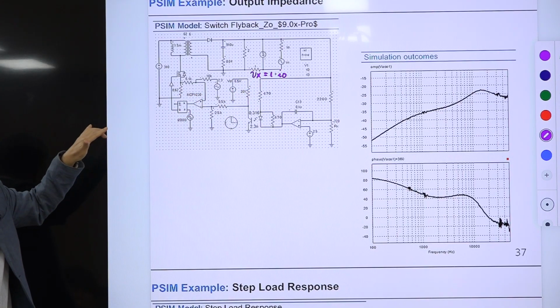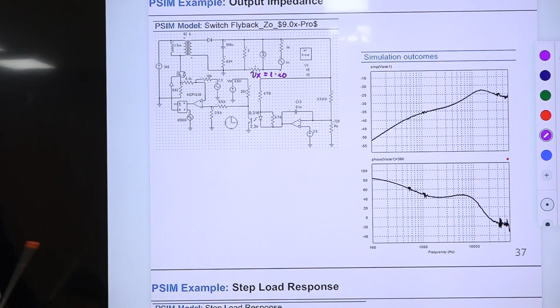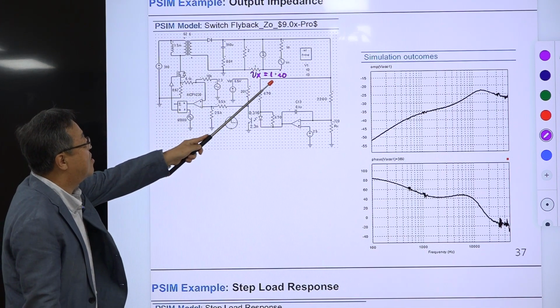So this is one good practice. You can save the current probe, which is expensive and sometimes not accurate. The voltage probe is much more accurate than a current probe. But you should use a very precise resistor here to get 1 ohm.